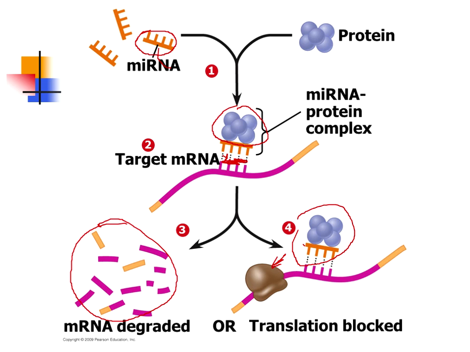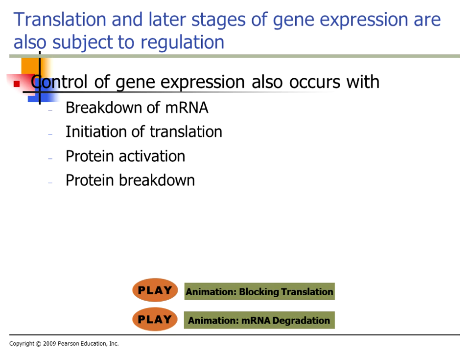Okay, so next, you can also get control of gene expression by other mechanisms. So, for example, breakdown of messenger RNA. We talked about this, especially with the poly-A tail, right?